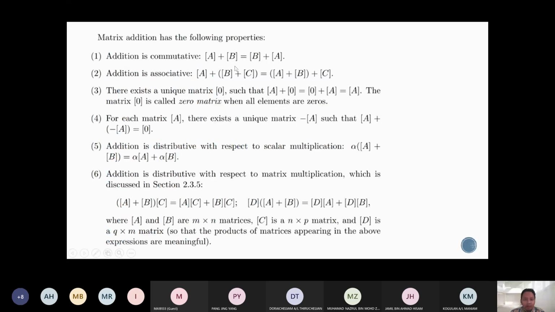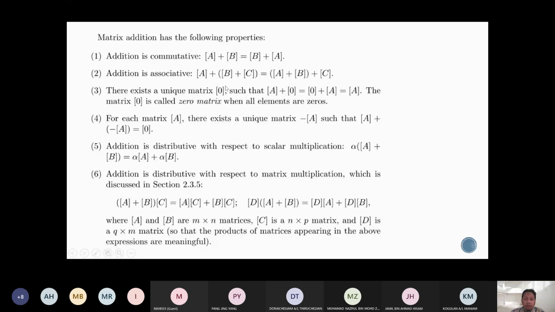Okay, these are some of the properties of matrix addition and subtraction. Commutative means you can add A plus B or B plus A, tak kisah order. Similar for associative: if you have A plus B plus C, you can add A plus B first and then plus C, or A plus C first then plus B. You tak kisah order.